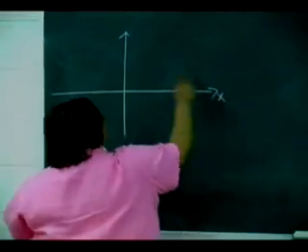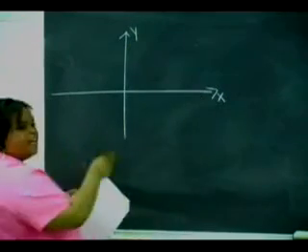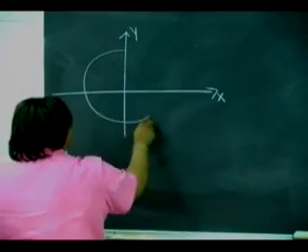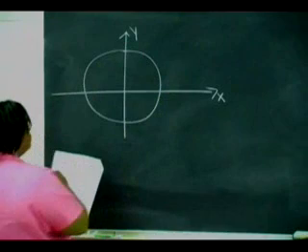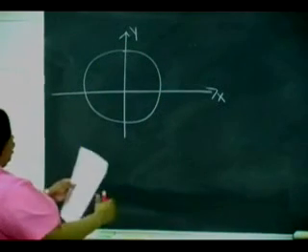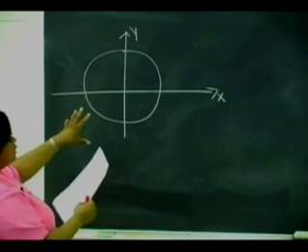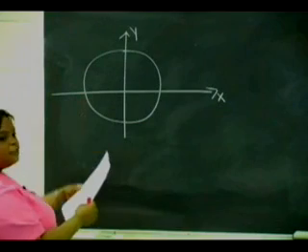Now, we're still dealing with this rectangular coordinate system, okay? If I draw a circle here, we're talking about radians, but we're still in this rectangular coordinate system.